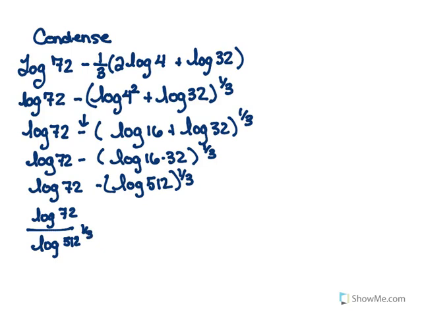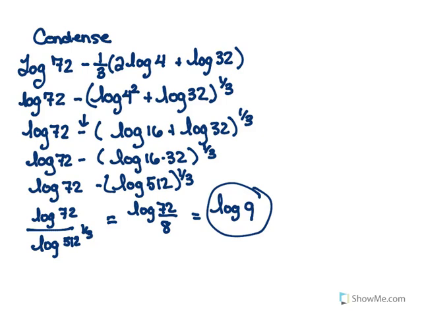The cube root of 512 is 8. So log 72 divided by 8 is equal to the log of 9. Again, this makes it so much easier when we're solving equations and things like that.